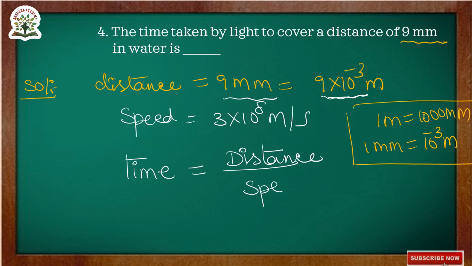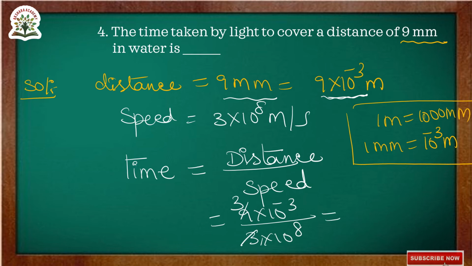Time is equal to distance by speed. Distance they gave as 9 into 10 to the power of minus 3. Speed they gave as 3 into 10 to the power of 8. 3 ones are 3, 3 threes are 9. So that is equal to 3 into 10 to the power of minus 3. Here 10 to the power of 8 is in the denominator, so going to the numerator it becomes minus 8.